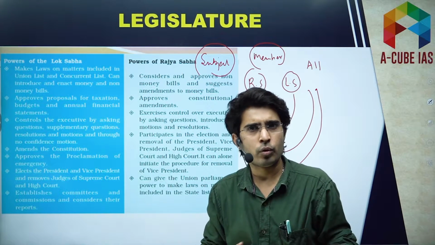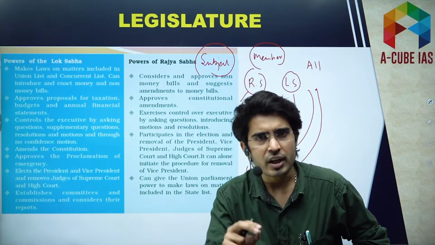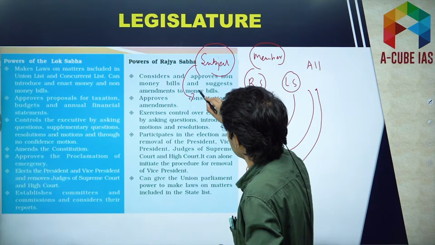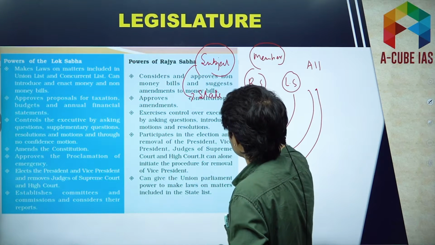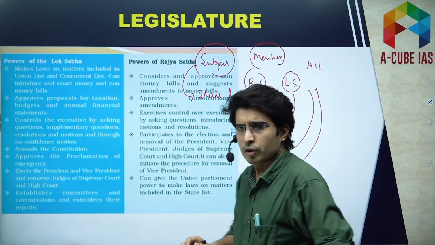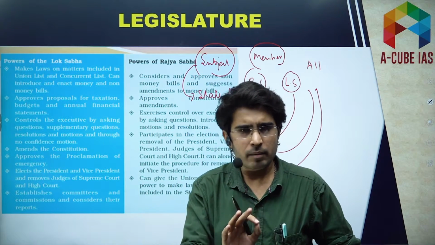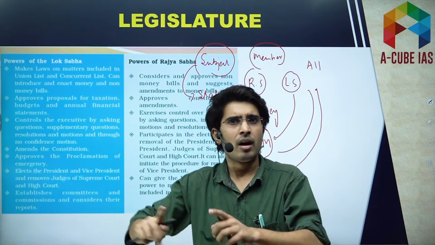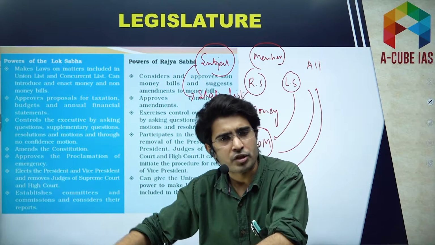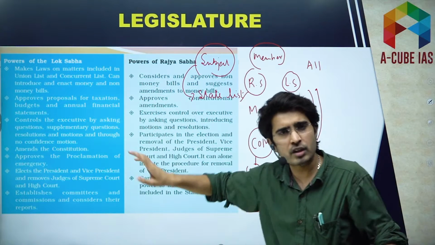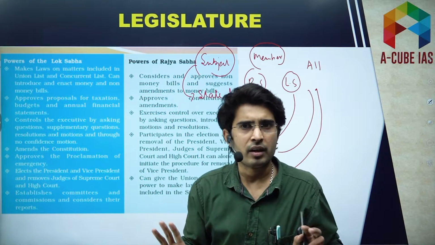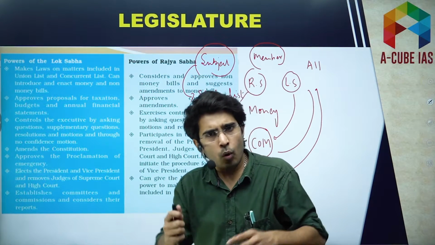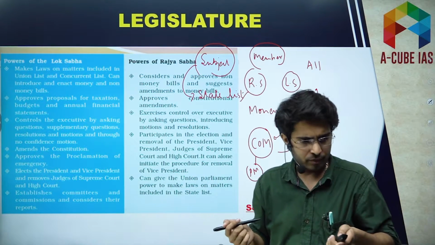In that case also, Rajya Sabha can pass a resolution to include that state list subject into the union list. So a subject of state matters, the state list, can be made a subject of national importance by passing a resolution. Rajya Sabha can do that. Lok Sabha does not possess that power. So all these facts are important.